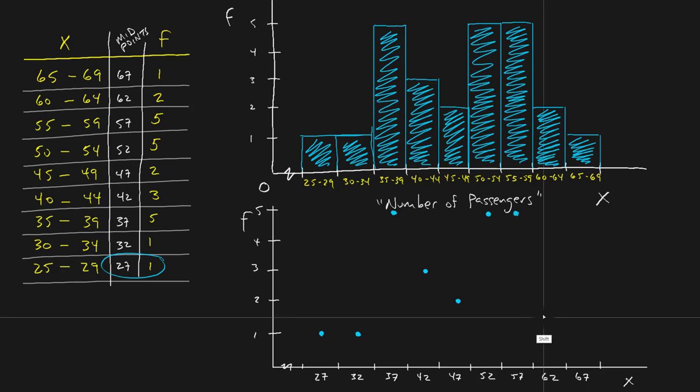And then 62 has a frequency of 2. And 67 has a frequency of 1.